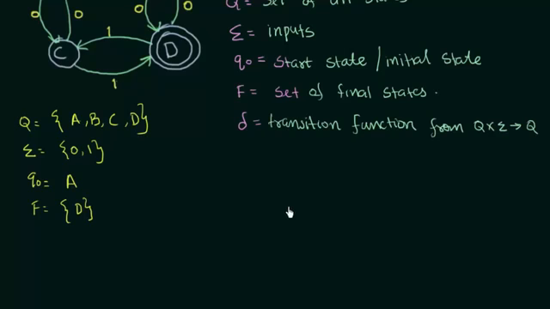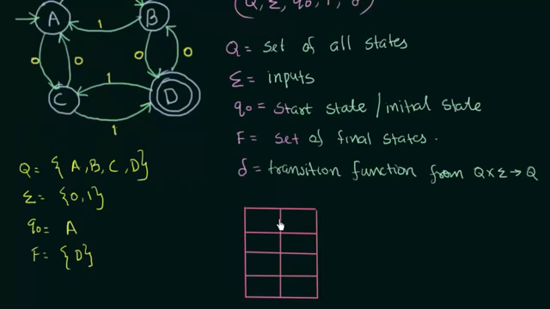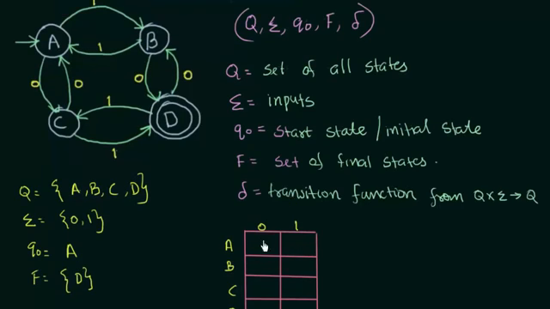Now to demonstrate this, let me take a table over here. I'll use this table to explain what del is. The top part will be my input 0, 1, and I'll have my states A, B, C, and D in this part. Now let's see what this means.